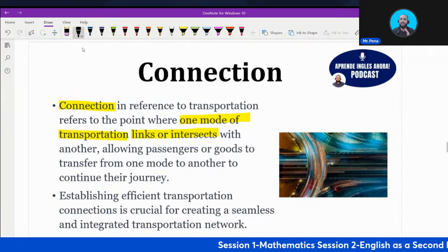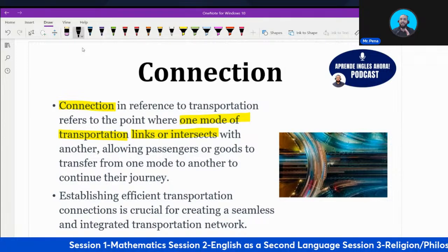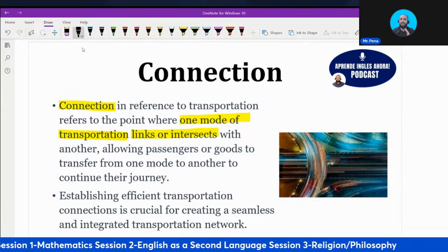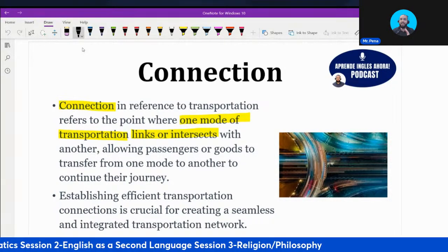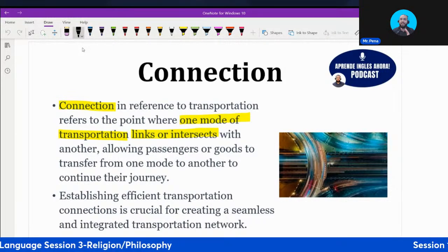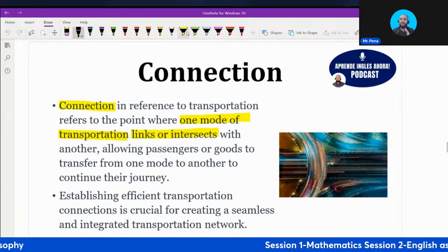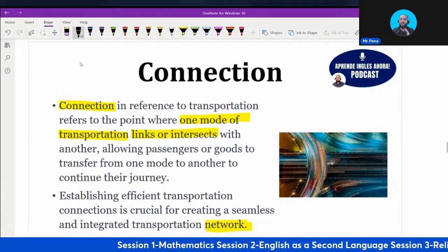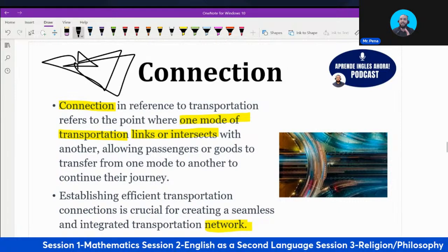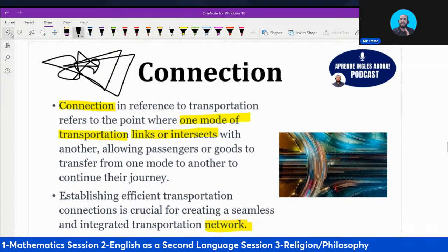You can go from one expressway to another through a connection, or you go from one area of an airport to another through a little connection. Establishing efficient transportation connections is crucial for creating a network. So connections are these interrelated mingling of systems.